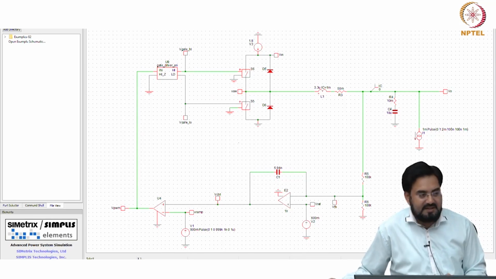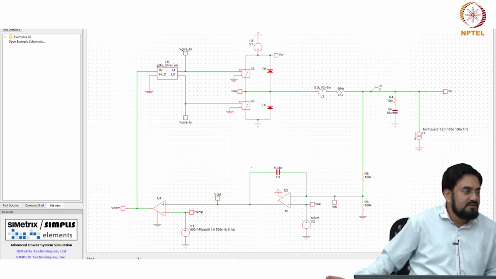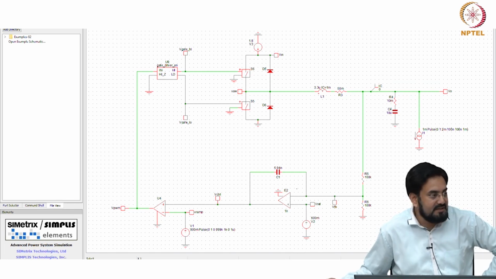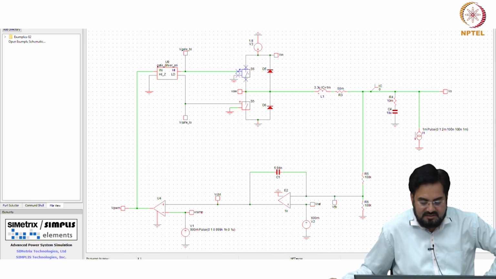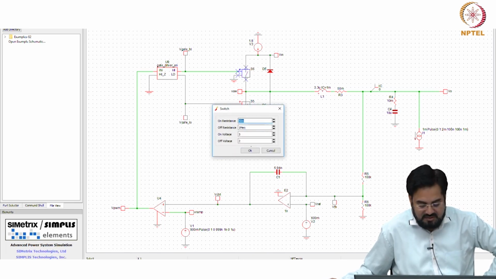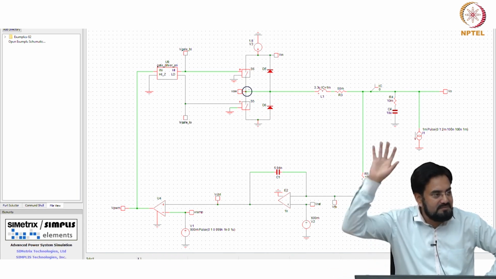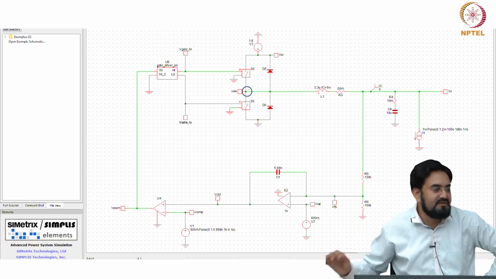Okay, so this is the complete switching circuit with your op amp RC integrator. So this is your power stage where I have ideal switches with 50 milliohm RDS on here, and this diode I have connected because during non overlap time, if I do not have this, it will not conduct and this voltage may go some megavolt, kilovolt, and your circuit will not converge.